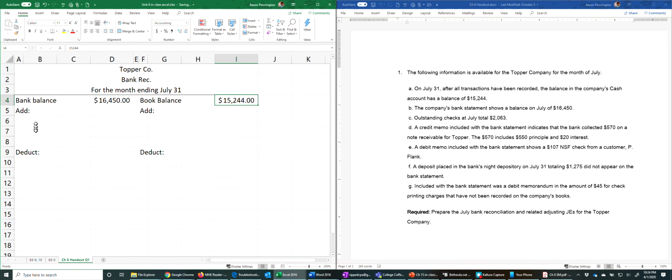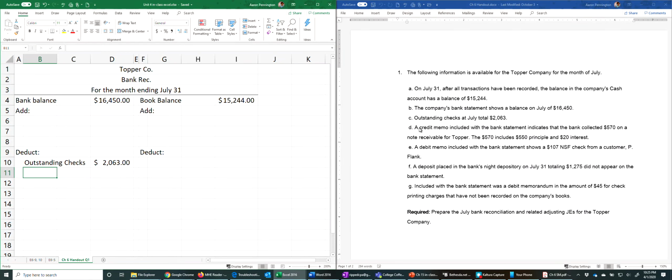So we're going to deduct outstanding checks from the bank balance, because when those checks are presented, that's exactly what the bank is going to do.